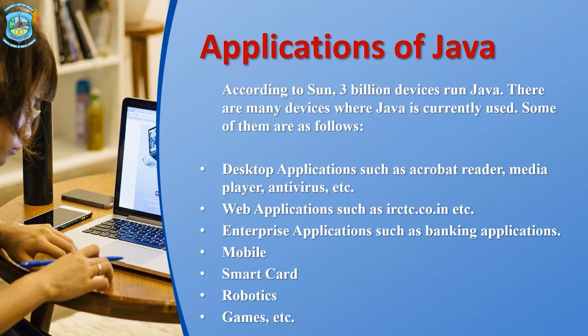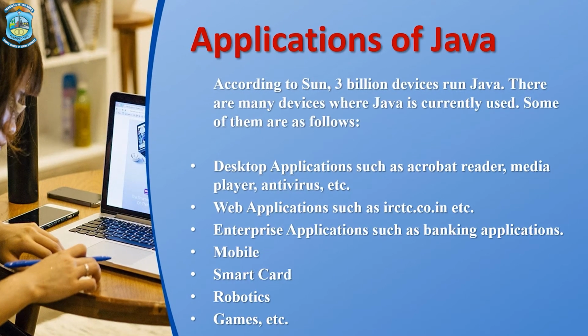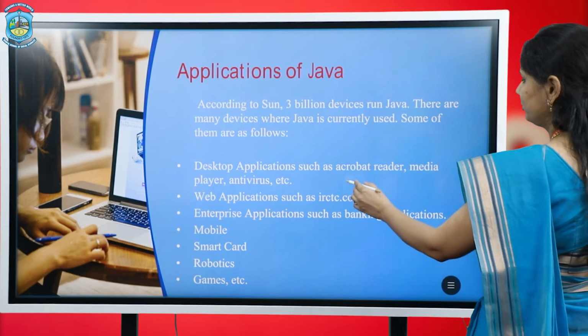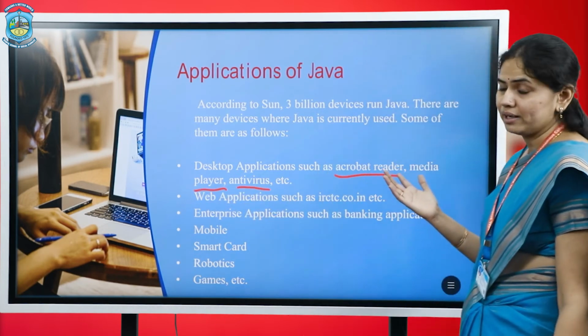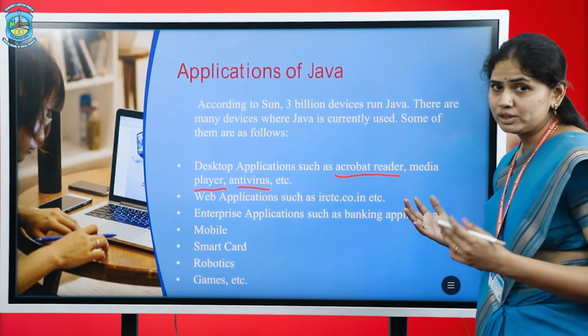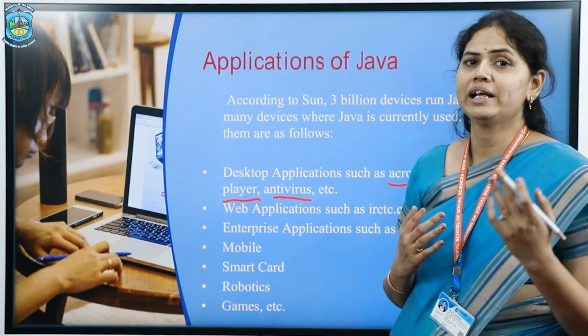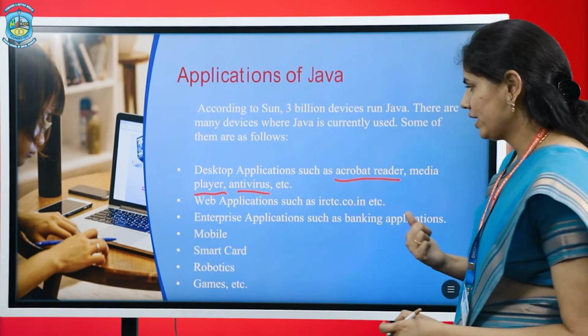According to Sun Microsystems, 3 billion devices run Java code. So desktop applications like Acrobat Reader, media player, antivirus, etc. Then web applications, we can take an example of a railway reservation website like irctc.com, that is also developed in Java language.